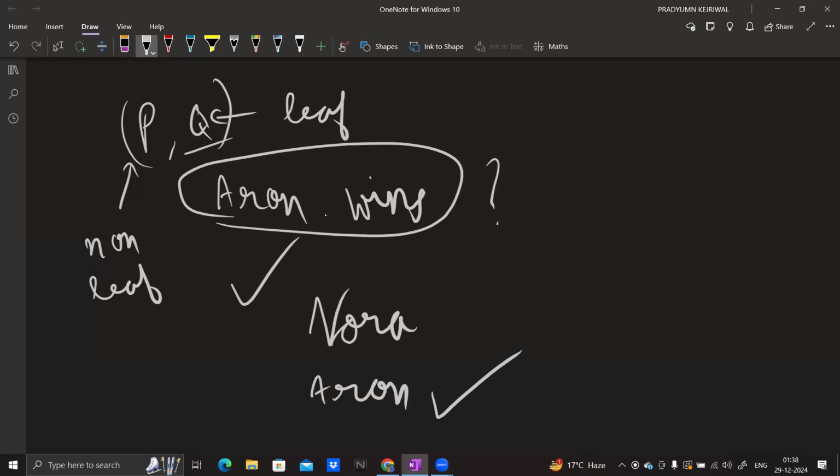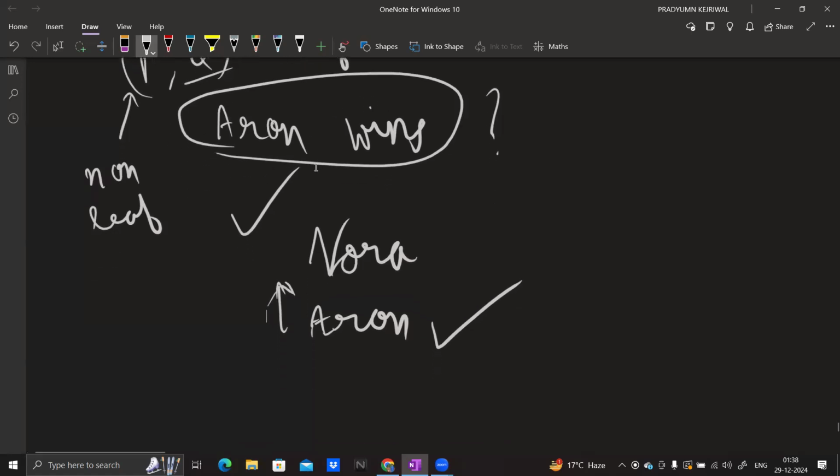So before this move, after Nora's move, Q has to be beside a leaf, the node Q. Do you agree? Yes.